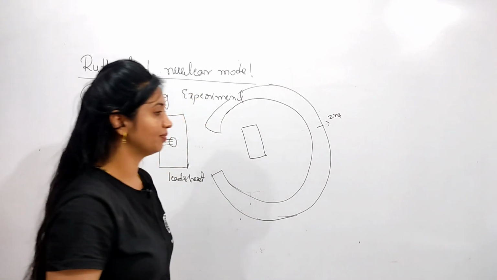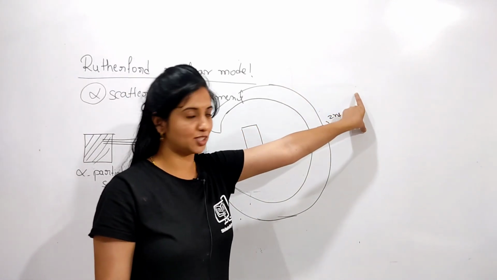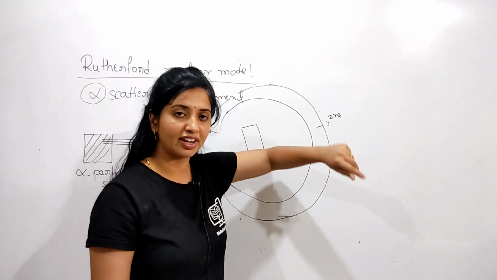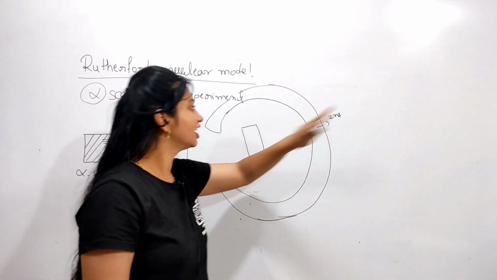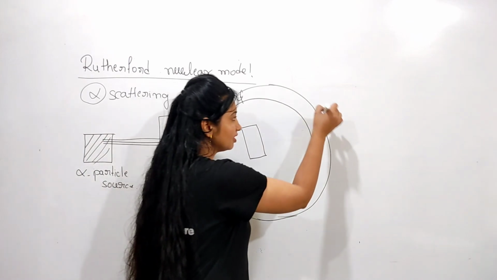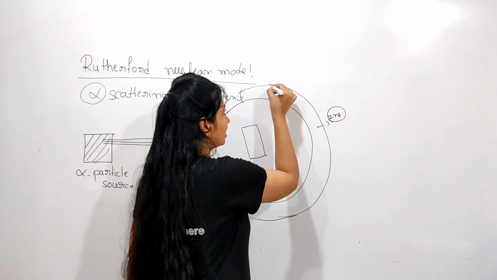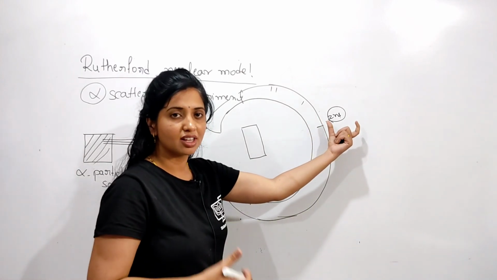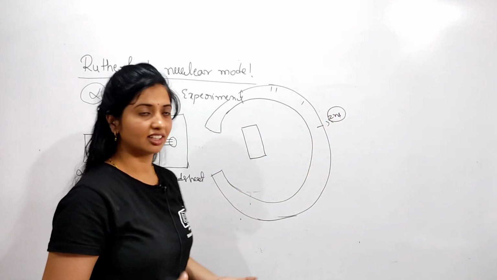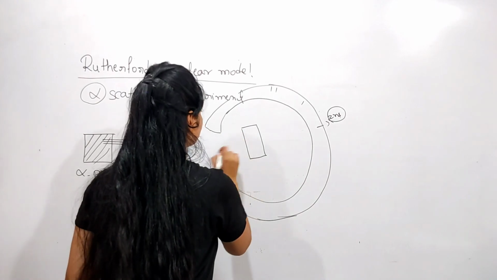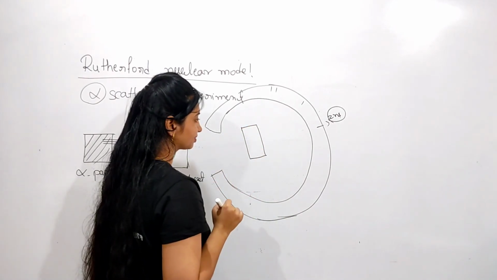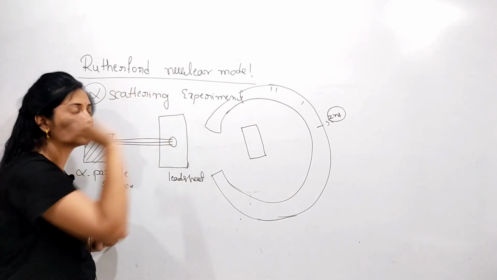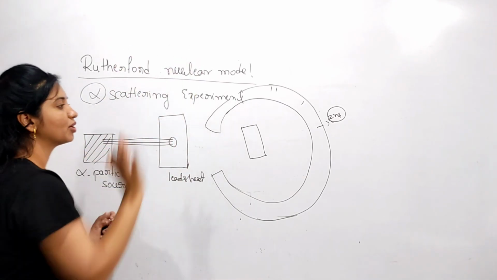I already told you about the cathode ray discharge tube, where he also coated fluorescent material like zinc sulfide. The zinc sulfide coated sheet starts glowing when something strikes it. And next he put a gold foil. So this is the experimental setup of the alpha scattering experiment in the Rutherford model.